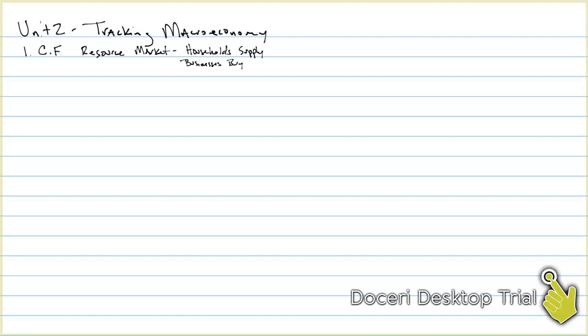What are our resources again? Land, labor, capital. Land, labor, capital. Okay? So those are our resources. That's what households are supplying. Now, the second market that we have to know, product market.